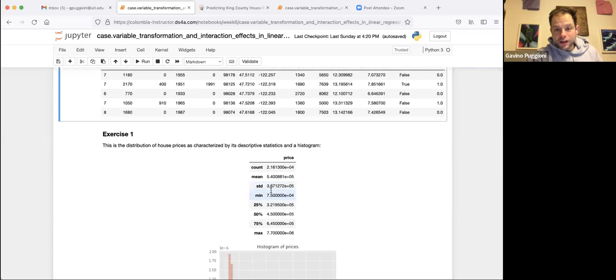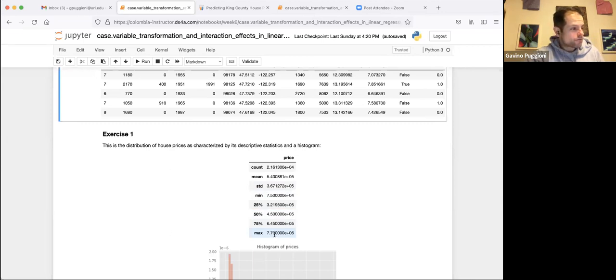it's actually a very large standard deviation. It's $367,000. So that's very large because we'll see that there are houses that cost several $1 million. Okay, so the minimum is 75,000. The maximum is 7.7 million.